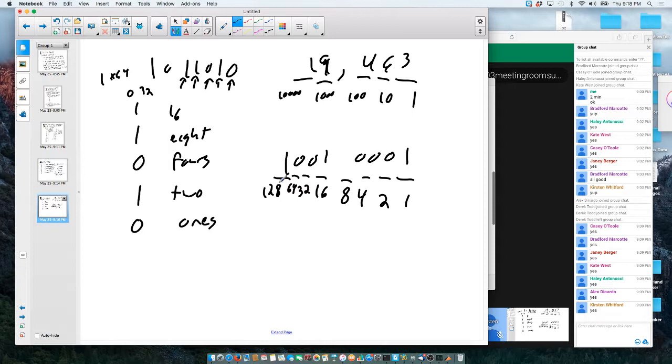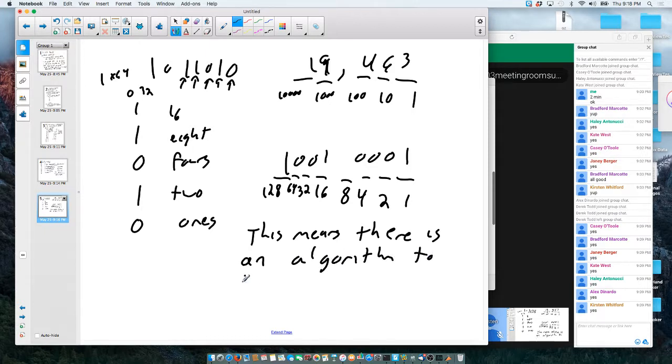So this means there is an algorithm to turn a binary number into a decimal one.